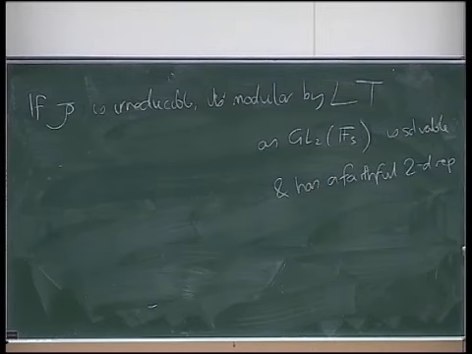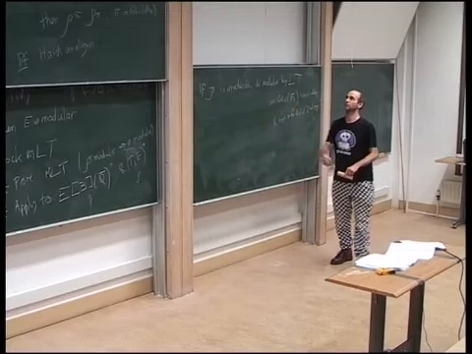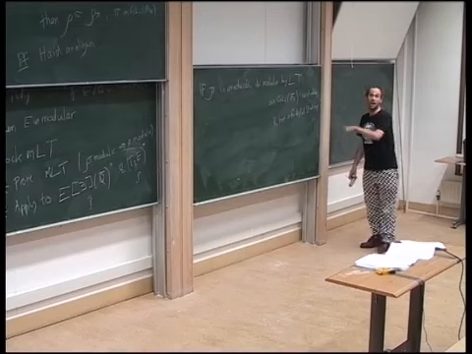So we've got a representation to GL2 of the field with 3 elements. We can lift it to a representation to GL2 of C. We apply a load of hard analysis.